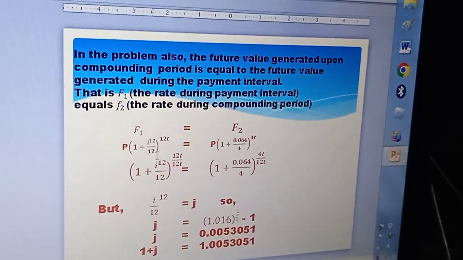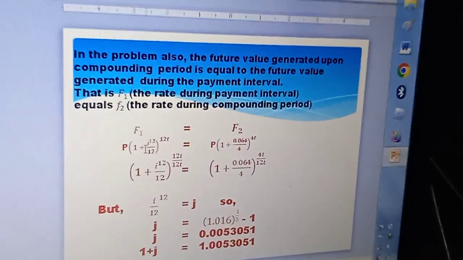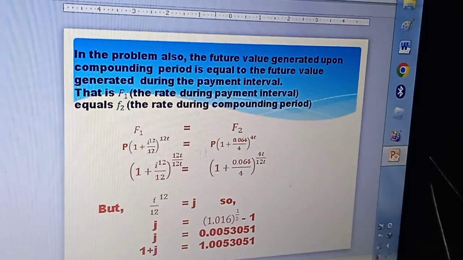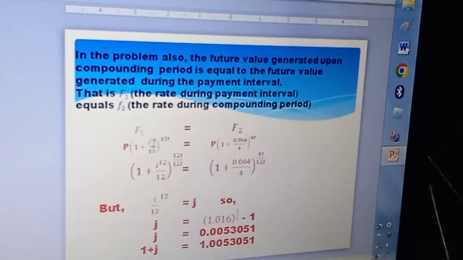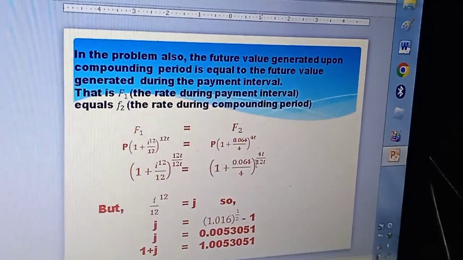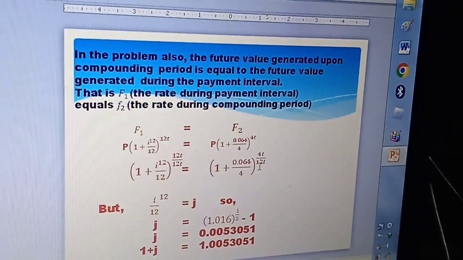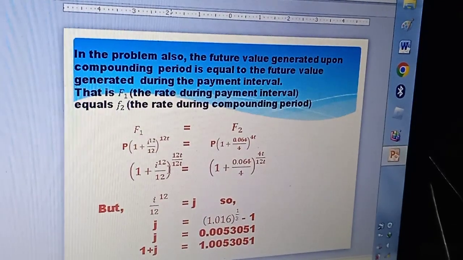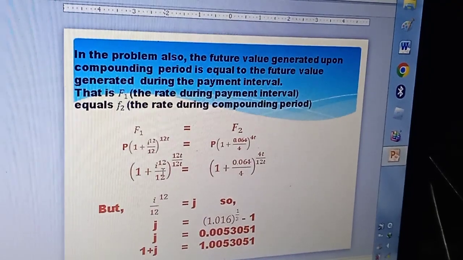In order to free the j here, we will cancel P and divide the exponent 12t by itself, 12t divided by 12t. So also on the right side, we have the exponent 4t divided by 12t. In such a way, we can free the i^(12) over 12 here, which is j. That is what we need, no?